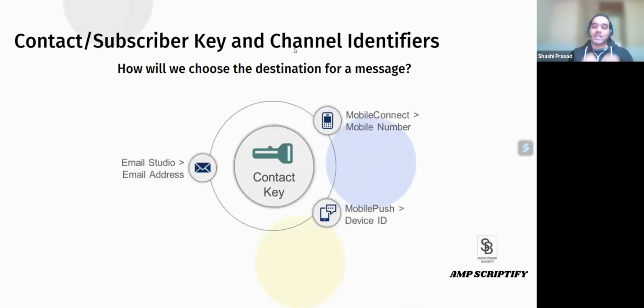Then once we understand what we are capturing, we come to channels. Here I've taken only three channels into consideration: the email channel, the mobile channel, and push. Each channel has an identifier. If I have to send an email to a customer, they need to have a valid email address, not just any email address.